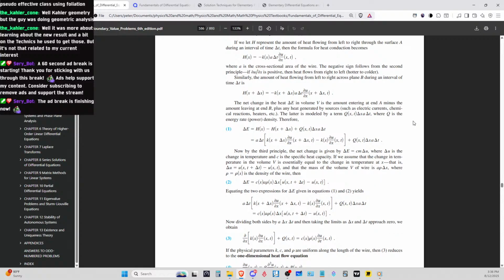Let's see, delta U is the change in temperature, and C is the specific heat capacity.